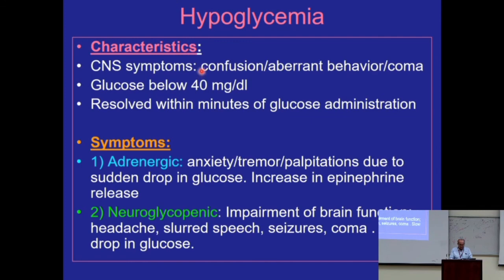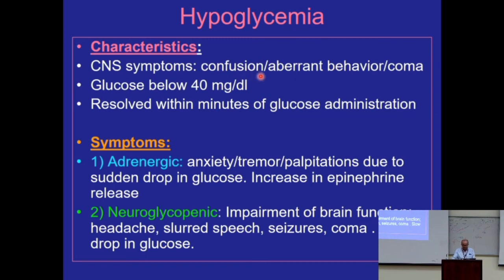So if glucose drops significantly, say to about half, 40 to 50 milligrams per deciliter, the body will start, and that again has to do with the brain sensing the drop.